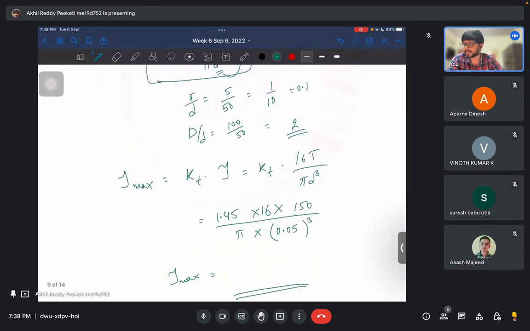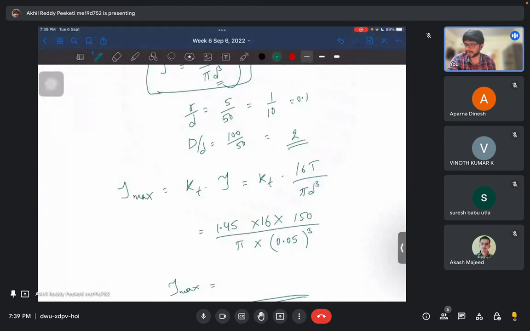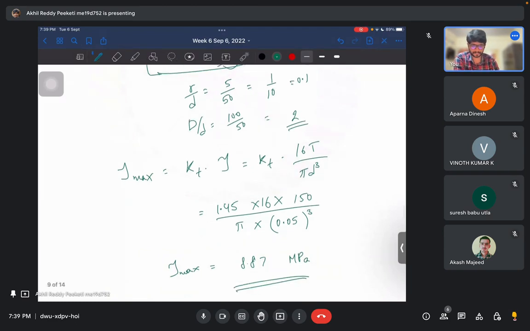Can someone else also check? So 1.45 into 16 into torque 150 Newton meters by pi d cube. I'm getting around 8.87 MPa. So Akash, please check your calculations once more.